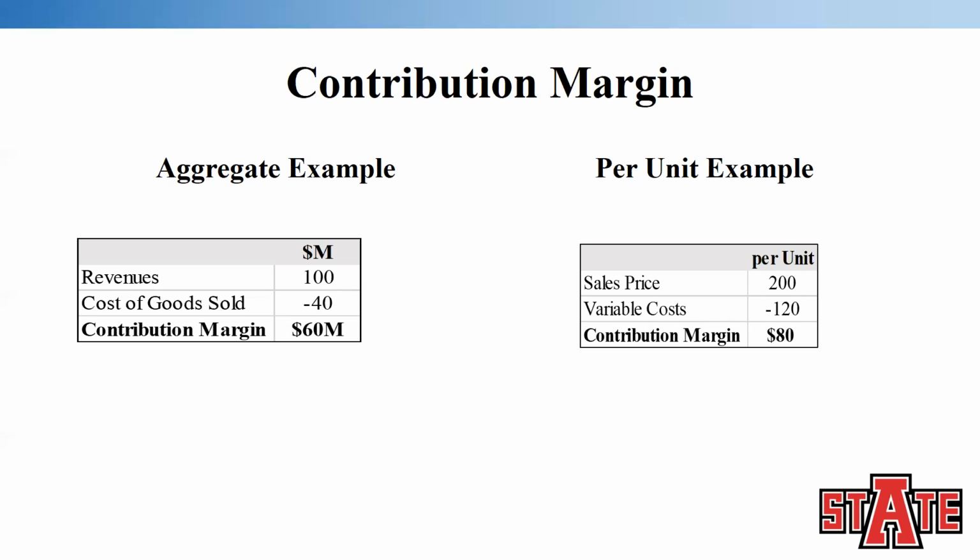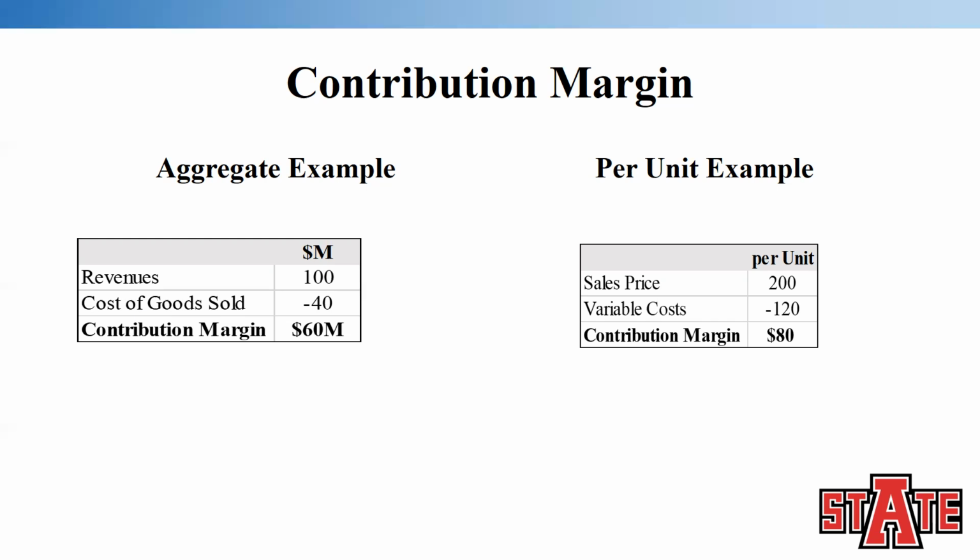So if the company has revenues of $100 million and cost of goods sold are $40 million, just take the difference and you're left with your contribution margin, $60 million, meaning that $60 million could contribute to defraying fixed cost. Now, we know from our income statement analysis, we could also call that gross profit.